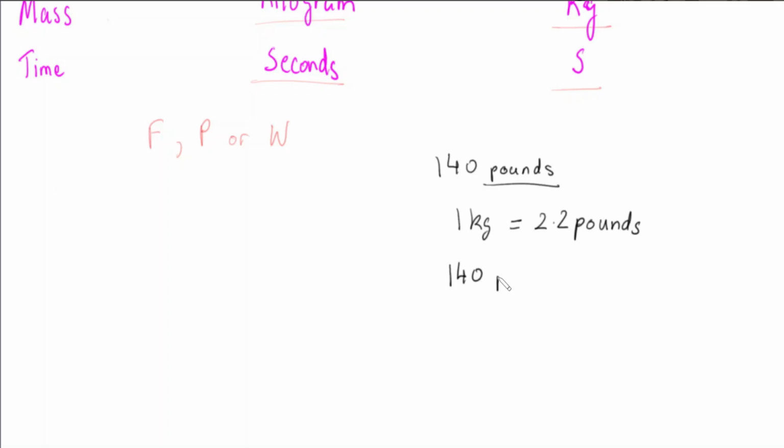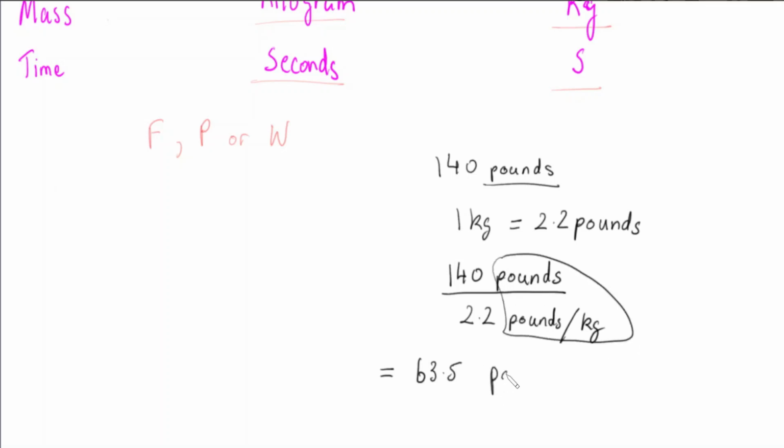140 pounds divided by 2.2 pounds per kilogram. And this would give us 63.5, and then we could look at the units in isolation, so it would be pounds divided by pounds over kilogram.